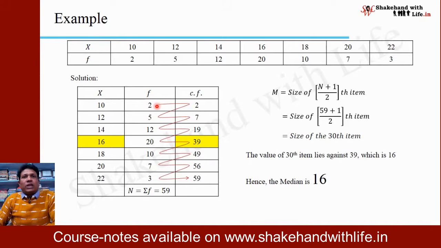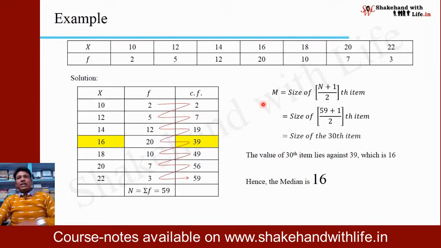Take the first value as it is, then 2 plus 5 is 7, 7 plus 12 is 19, 19 plus 20 is 39, 39 plus 10 is 49, 49 plus 7 is 56, and 56 plus 3 is 59. The sum of the frequencies is 59, and the last cumulative frequency is also 59.